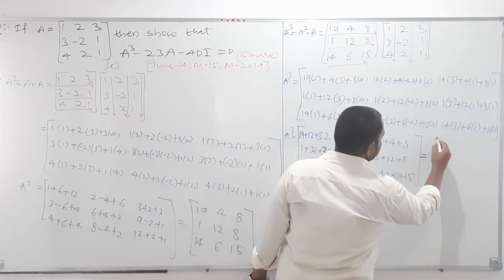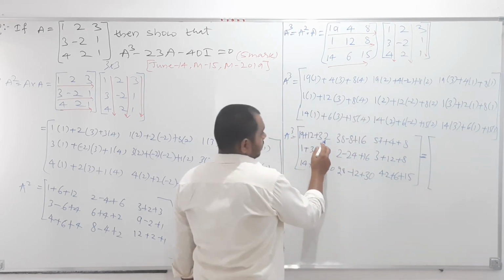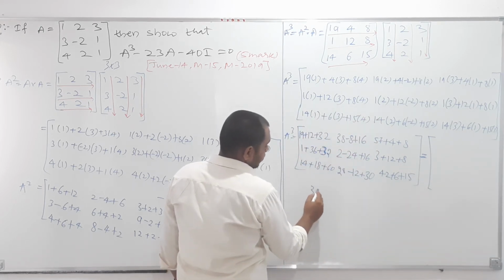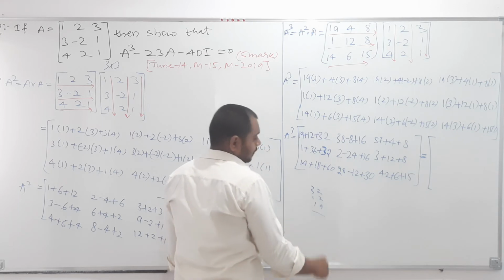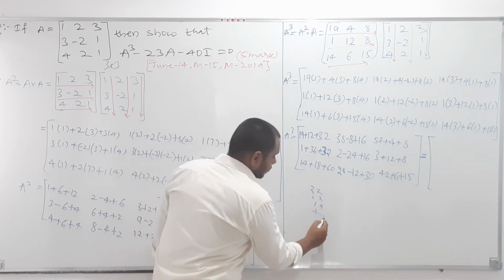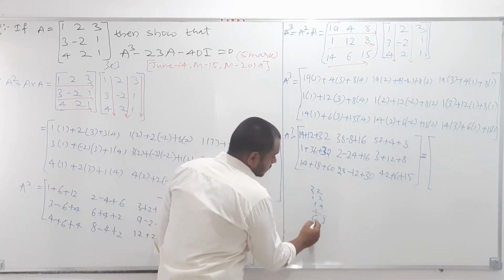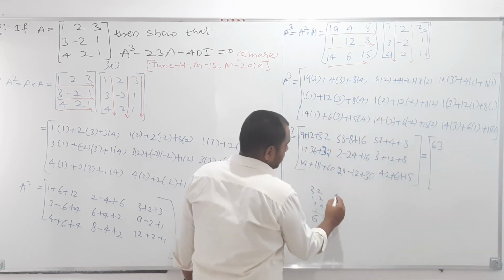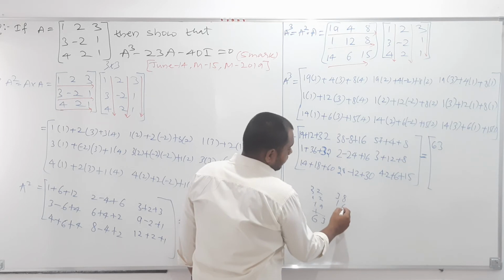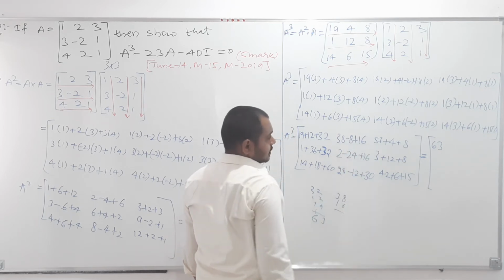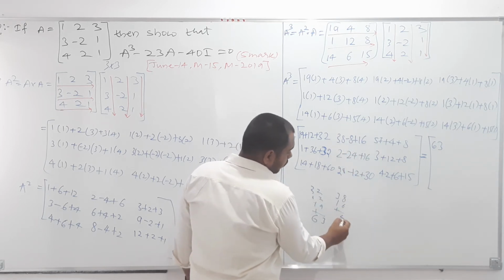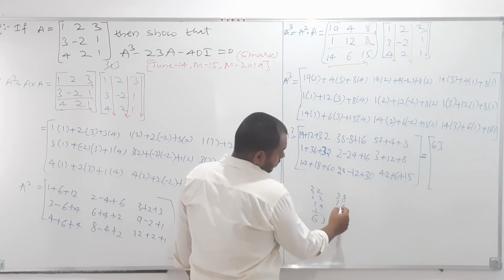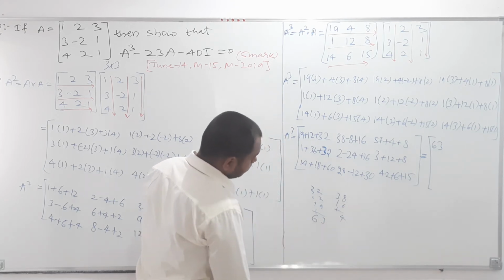So what is E cube value then? E cube value is 32, here it is, my dear students, 12, 19, 63. Next, my dear students, 38 plus 16 minus 18 is 36.